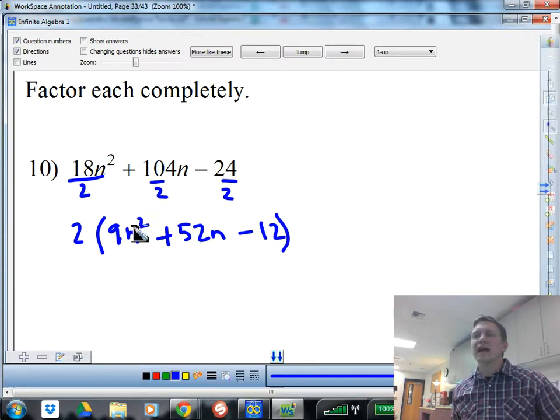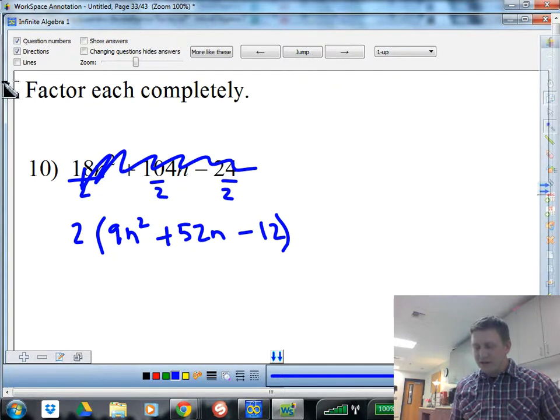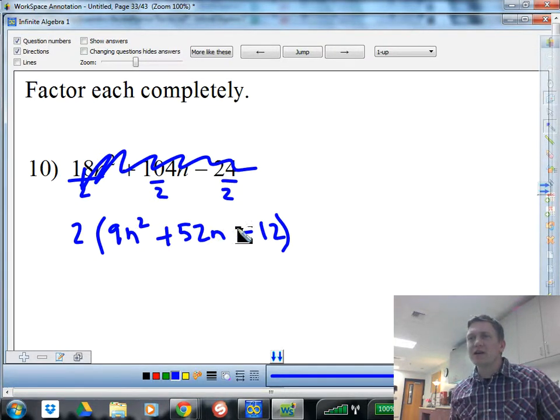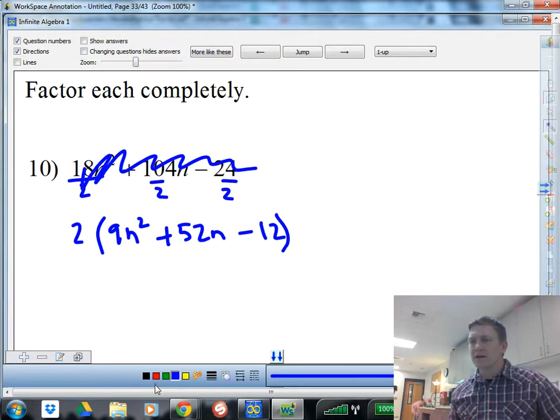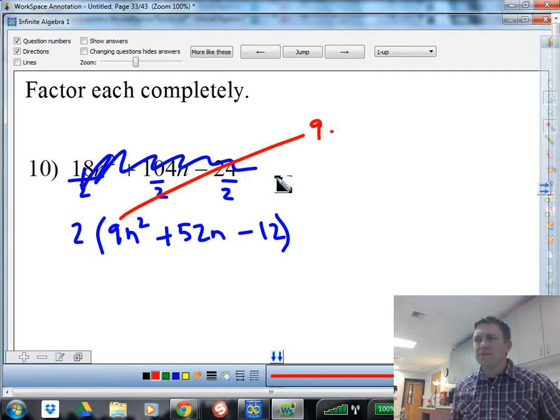Okay, so then we're going to actually factor this piece, kind of ignore the original. You don't have to cross it out necessarily, but then we are going to take this piece and factor it so that it finally looks like it's factored into two binomials. So what we want to do is take these two terms right here, this 9 multiplied by 12.